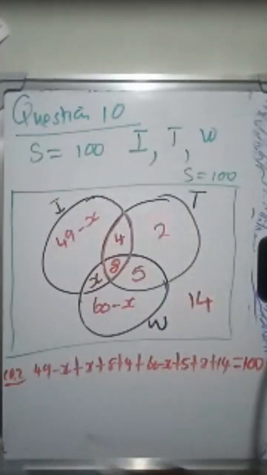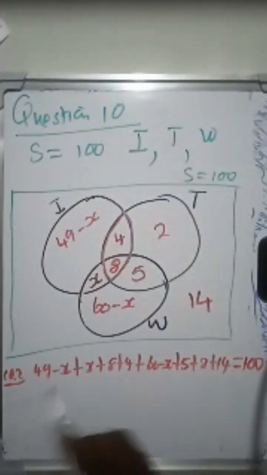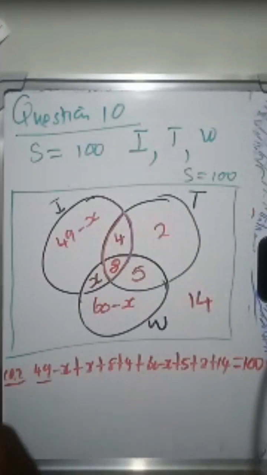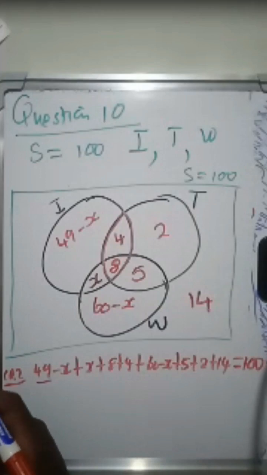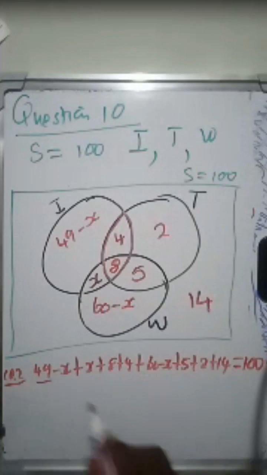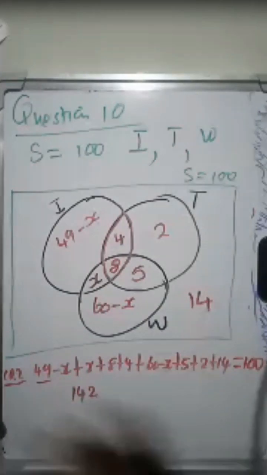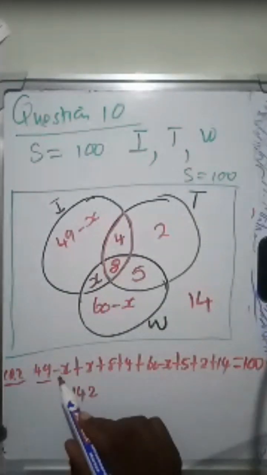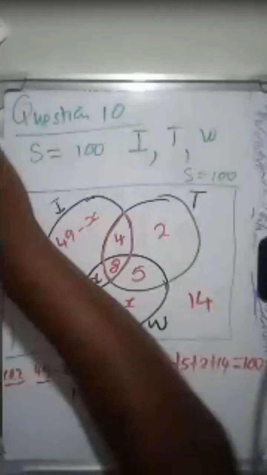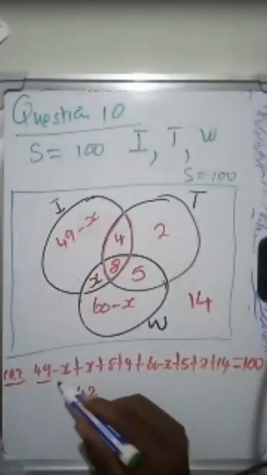Okay, so let's calculate 49 plus 8 plus 4 plus 60 plus 5 plus 2 plus 14, we get 142. Negative x plus x is gone, so we are left with what? They cancel because it's negative x plus x, they are gone.